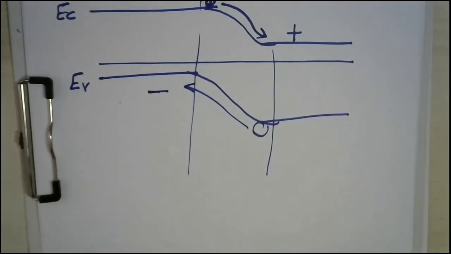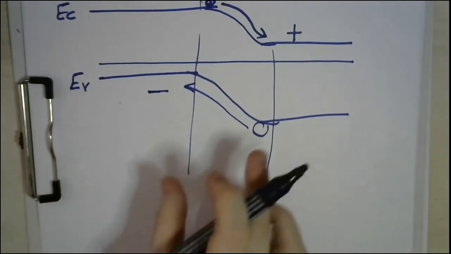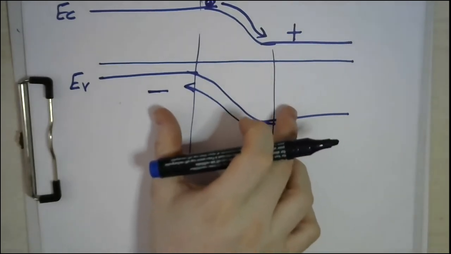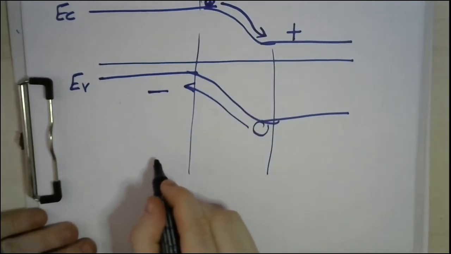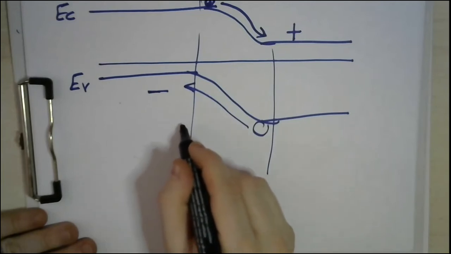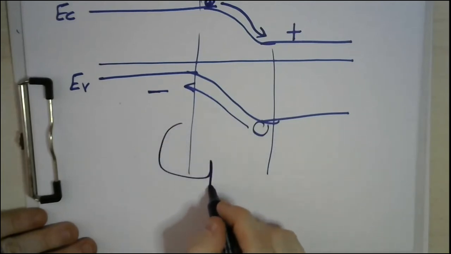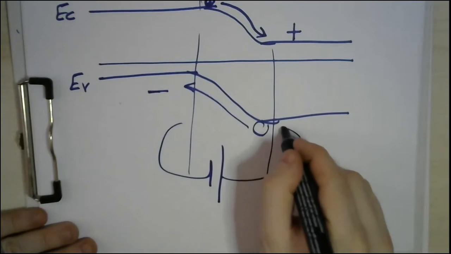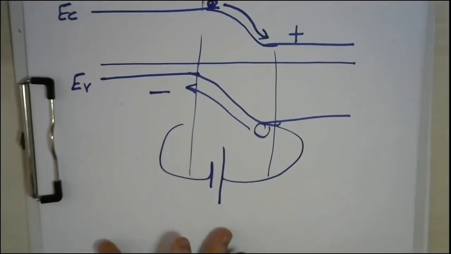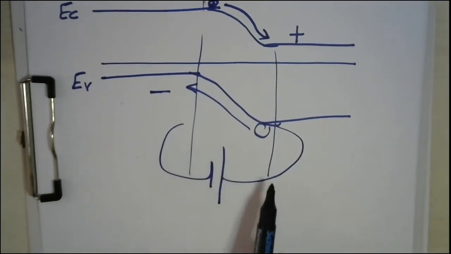So as if we are connecting this semiconductor with a battery in this connection. So of course this is a virtual battery, because we are not connecting our device with anything.